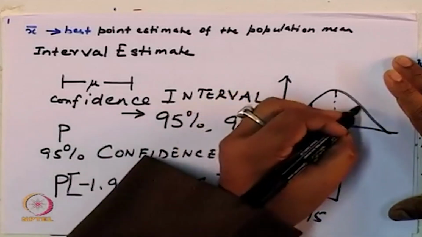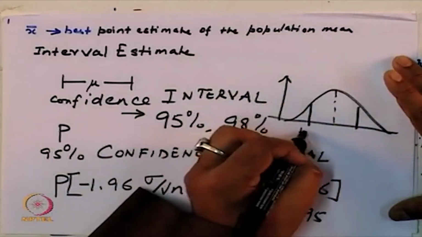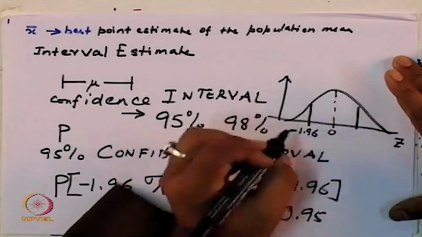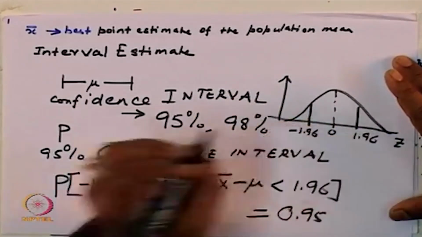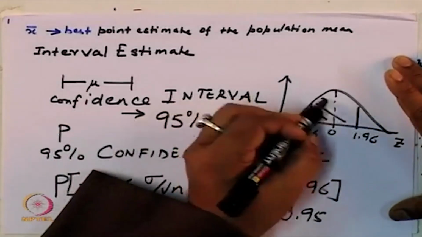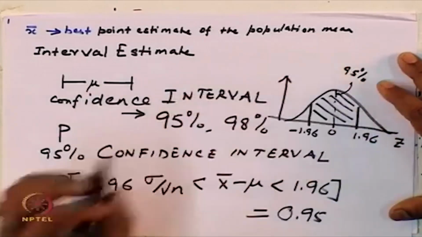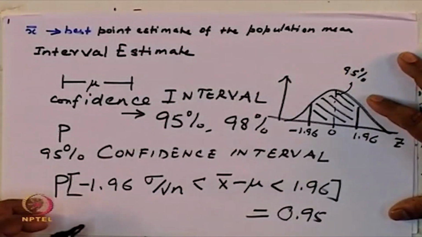So, this is your 0, this is minus 1.96, this is 1.96, standard normal values. Within two standard deviations, this area is 95%, or will return a probability of 0.95.